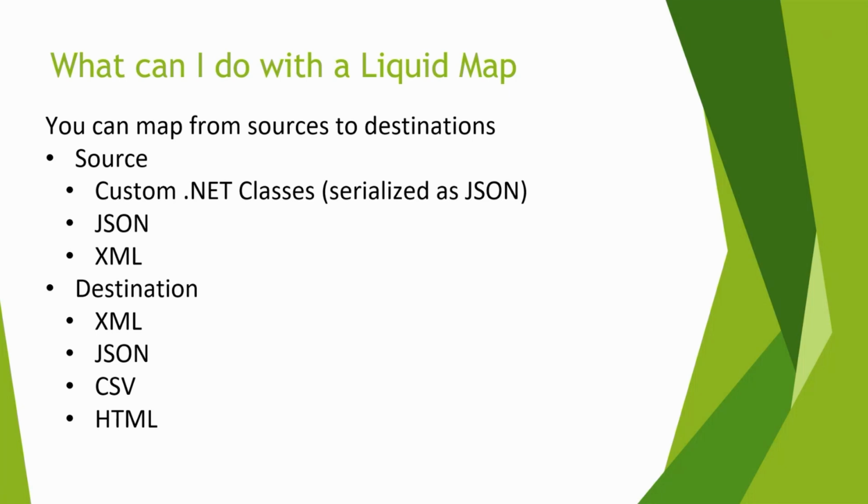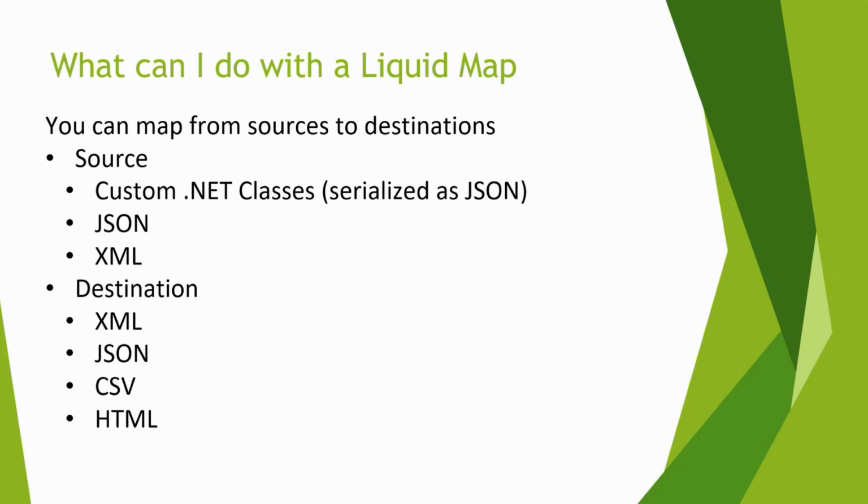But with the liquid maps, we can basically have a custom .NET class, JSON or XML. With the custom .NET class, I've used CsvHelper. I'm not sure if people are familiar with it. There's a CSV helper out on GitHub, and it basically allows you to easily read a CSV file into a .NET class.